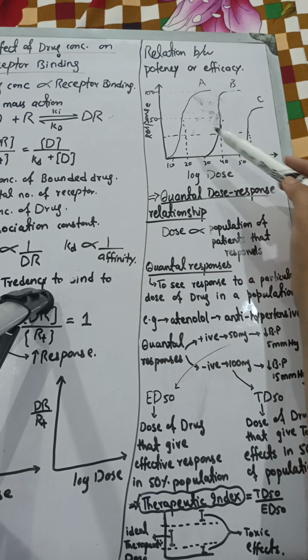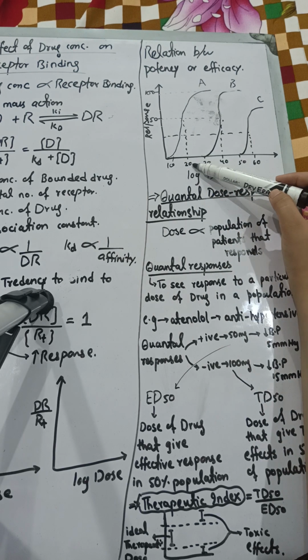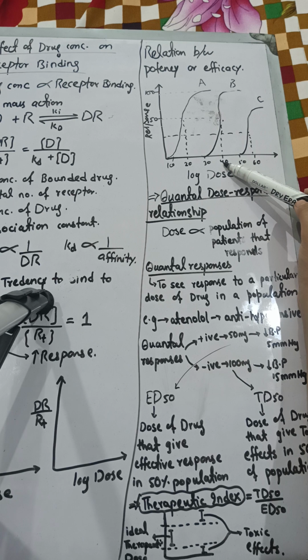Now you clearly observe that your A reaches 50% of its response at 20 mg, meaning its EC50 is lowest. Then your B is showing 50% of response at 40 mg of drug.